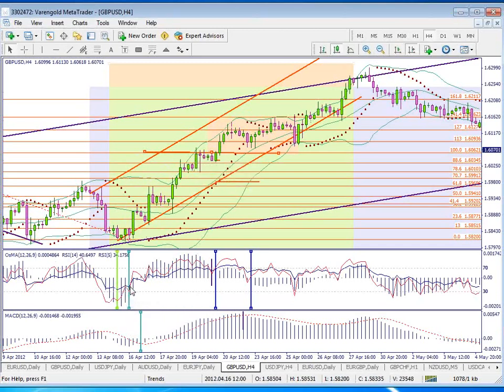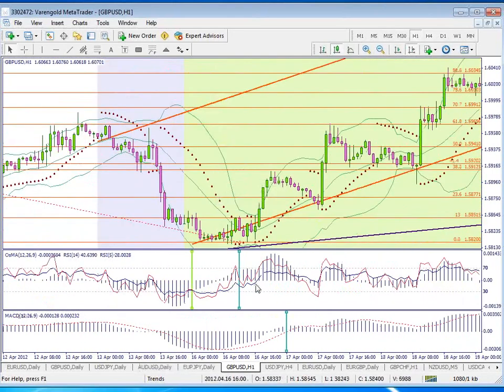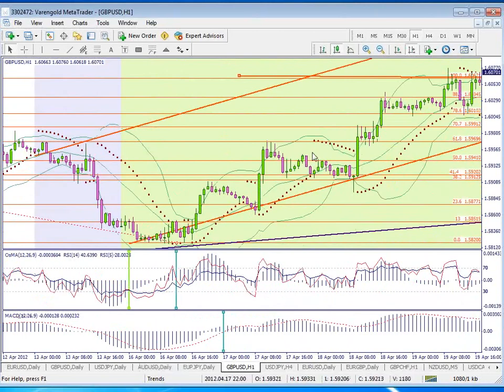I have a buy signal on 4 hour time frame here and here. And if I'm going on smaller time frame, I will have more signal for sell and buy. So here was a signal, here was a signal. I have a lot of signals for buy. So I can look for those one to go into one trade.